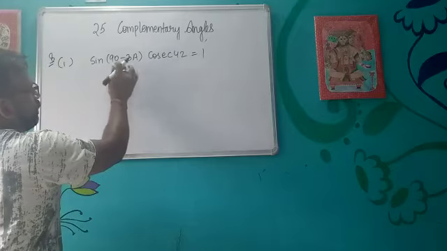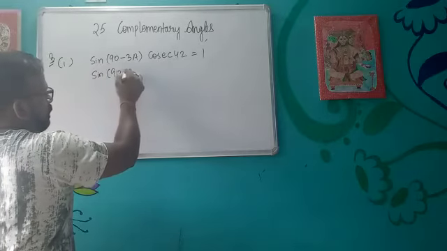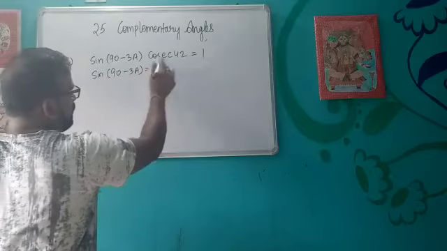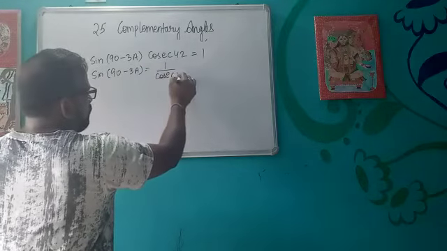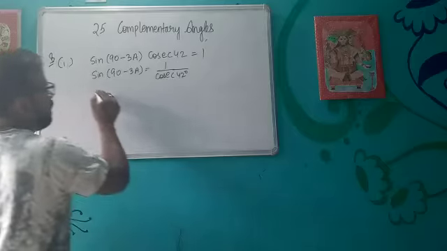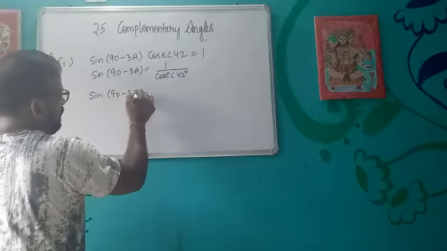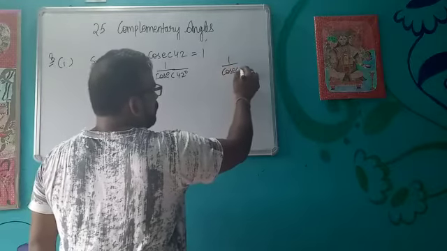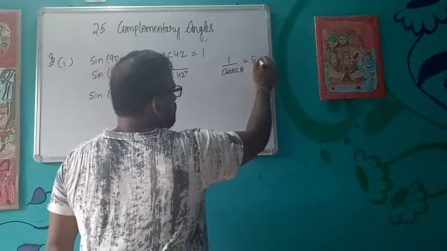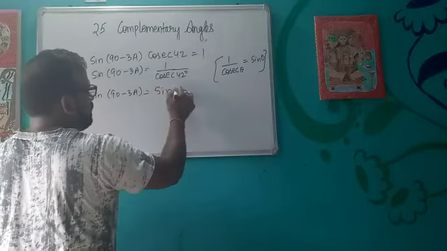Instead, what we will do is take this cosec here, 1 upon cosec 42 degrees. So it is then sin(90 minus 3A), and what we know is that 1 upon cosec theta is actually equal to sin theta. So this relation we will use here, sin theta.